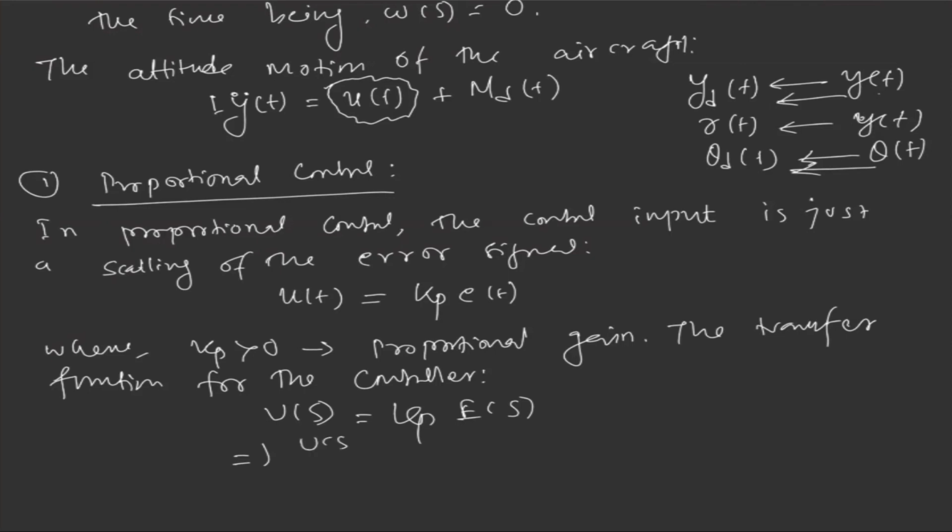So U of S over E of S equals Kp. This is Gc of S, and this is the controller transfer function.